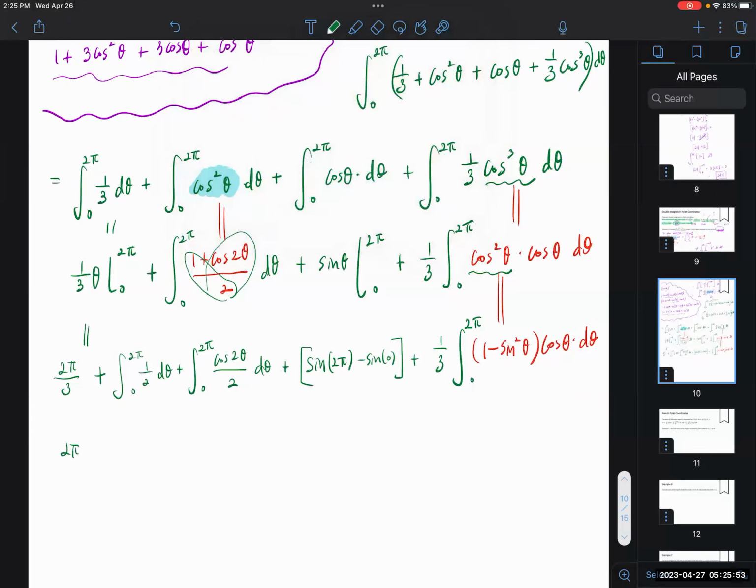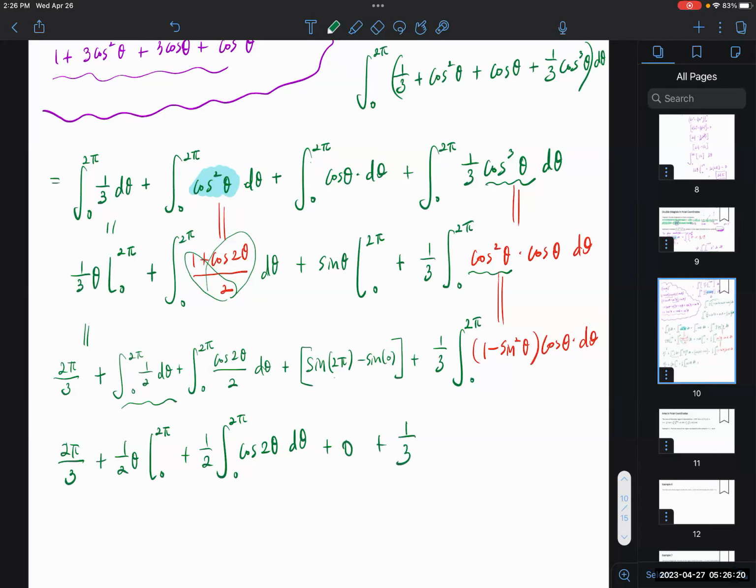So this is 2 pi over 3 anyway. And then this one, you can do 1 over 2 theta, 0 to pi, just calculation. And then I can bring 1 over 2 to the front, 0 to pi, cosine 2 theta d theta. Now you can take the integral, right? Sine 2 pi is 0, sine 0 is 0.